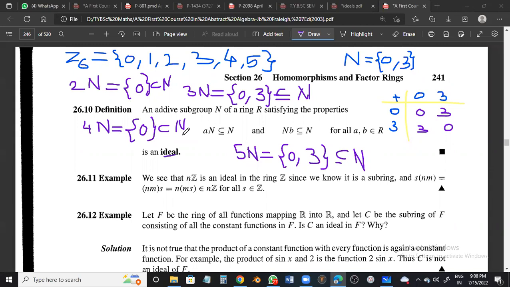You can see in Z6 multiplication is commutative. And it being commutative, twice N will be the same as N into 2. You can check whether you multiply on left or on right, you are getting the same answer because multiplication is commutative. So this N is actually an ideal in Z6.